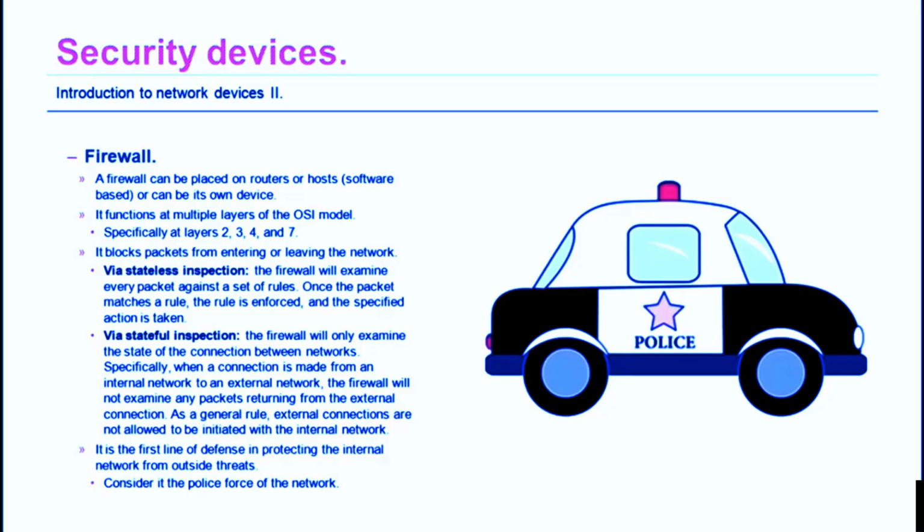It only cares about the state of the connection. As a general rule, external connections are not allowed to be initiated with the internal network. Now, firewalls are the first line of defense in protecting the internal network from outside threats. You can consider the firewall to be the police force of the network.